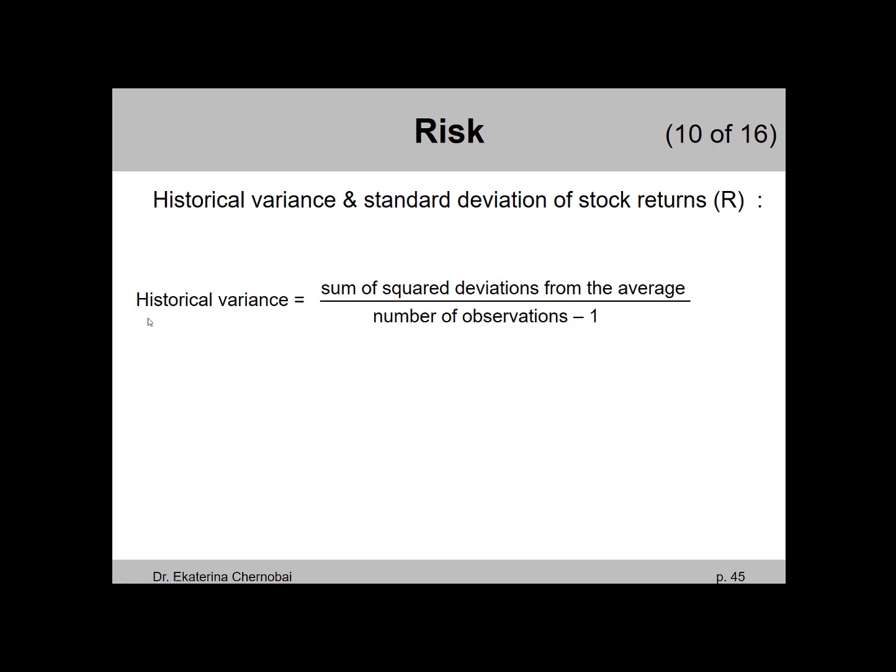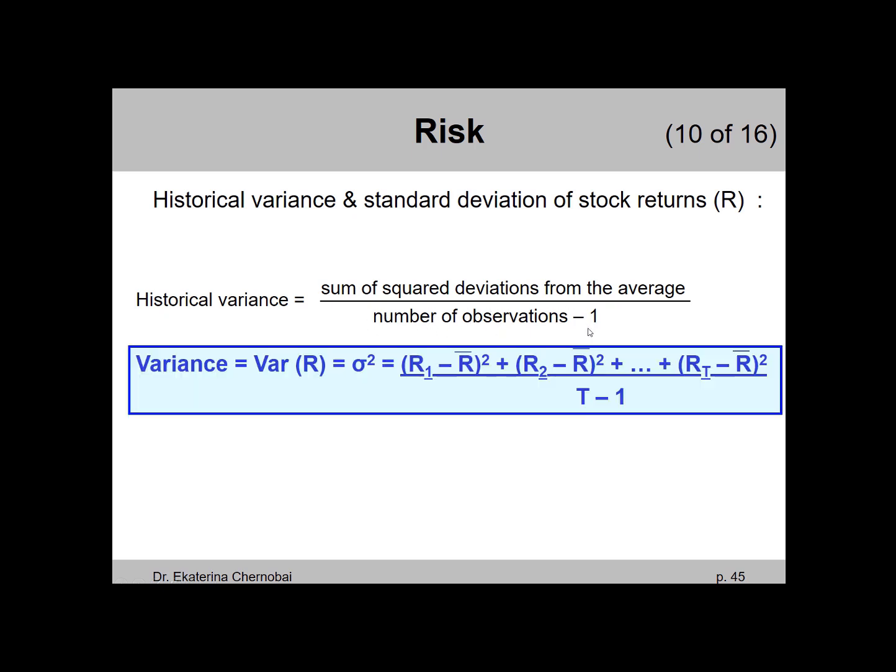Okay, so historical variance: we calculate the squared deviation from the average, then we add all of them up and divide by how many we have added up, minus 1, which is this general formula: variance, or VAR, of returns.